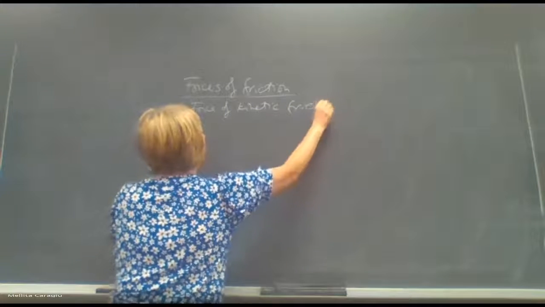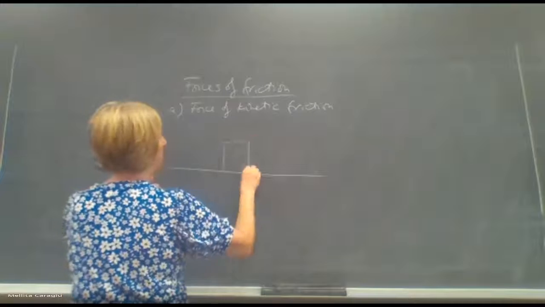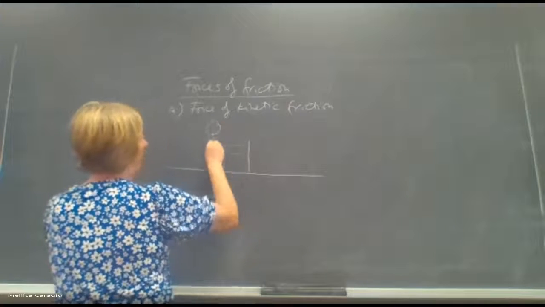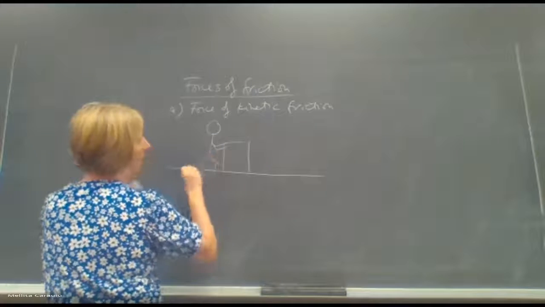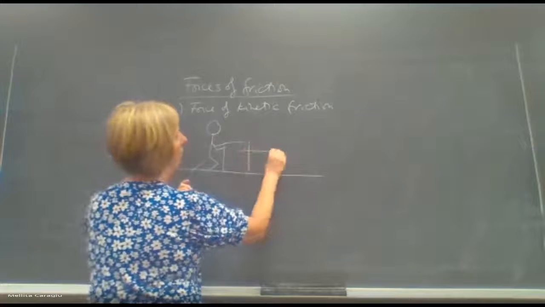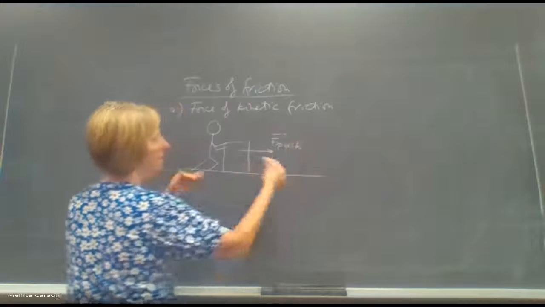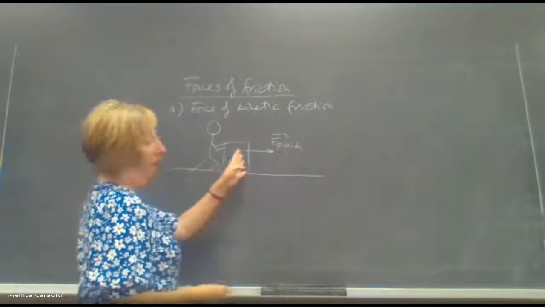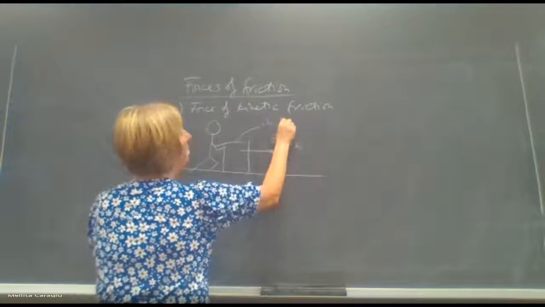friction. So basically the idea is you have the crate and you are pushing it, so you know this F push, for instance, and the crate moves, right? So this is in motion.